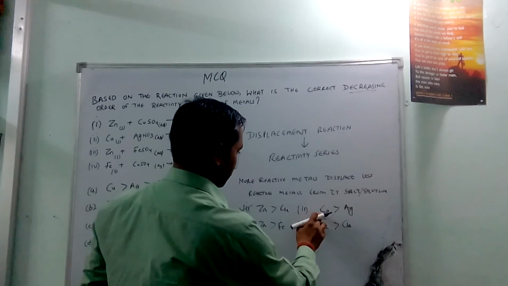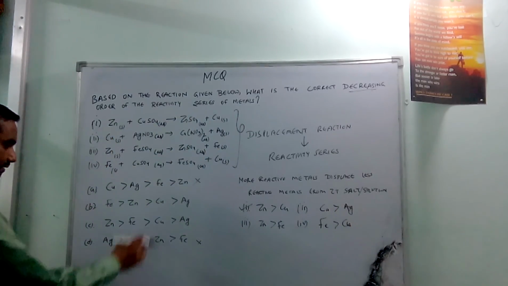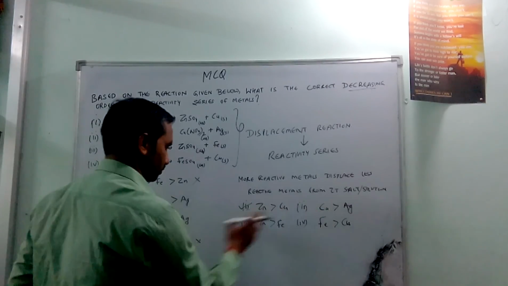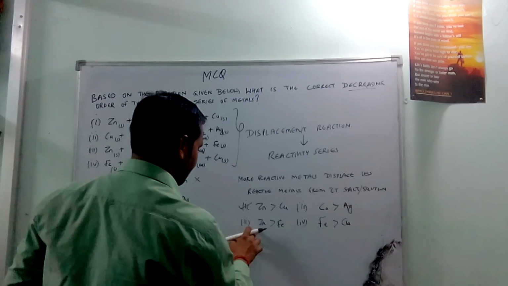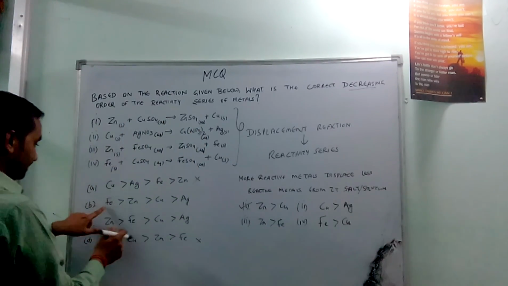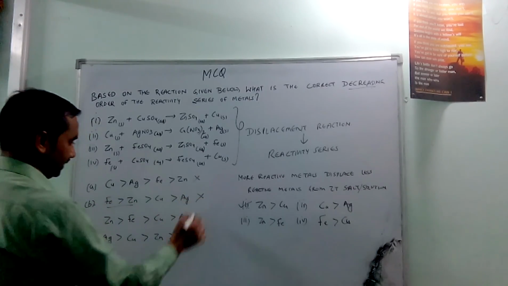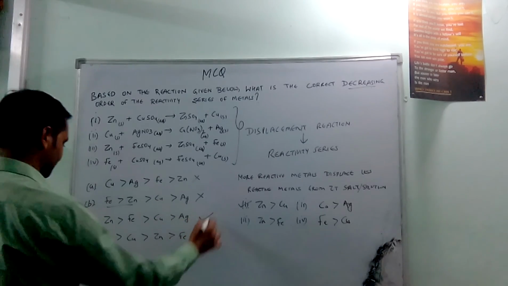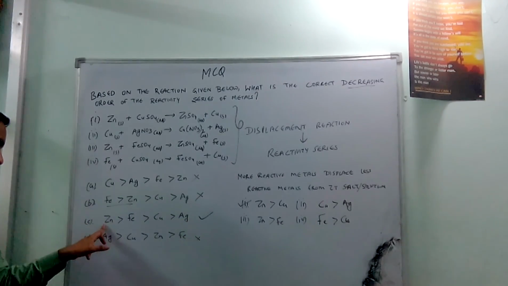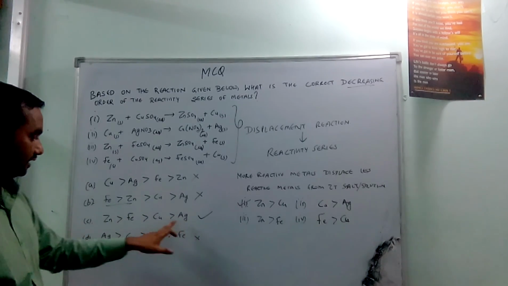Second, we take copper is more reactive than silver. In both cases copper is more reactive than silver, so they can't be separated on this basis. Third, zinc is more reactive than iron, and we can see B is showing iron is more reactive than zinc, so B is wrong, and the correct answer is C, where zinc has the highest reactivity, then iron, then copper, then silver.